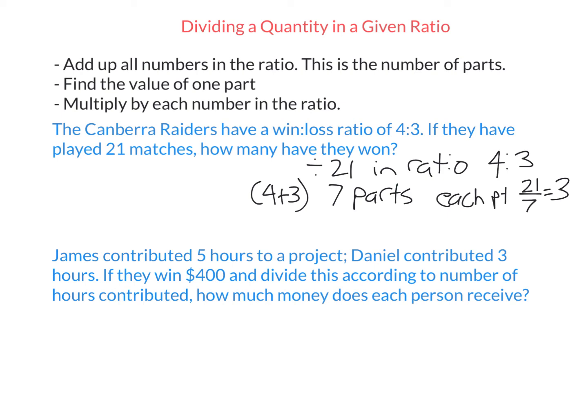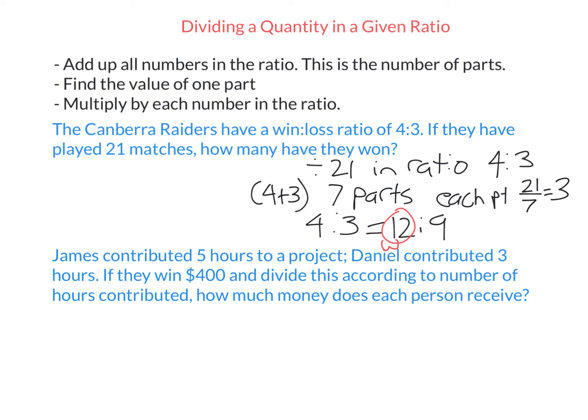We're dividing their season into 7 parts, and each of those parts represents 3 matches. So if each part is worth 3, then 4 parts is worth 12 and 3 parts is worth 9. So they have won 12 matches and they've also lost 9. That's how you divide a quantity in a given ratio.